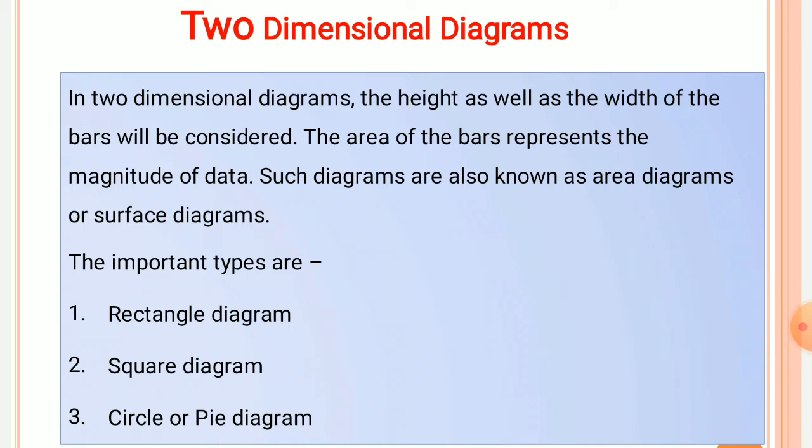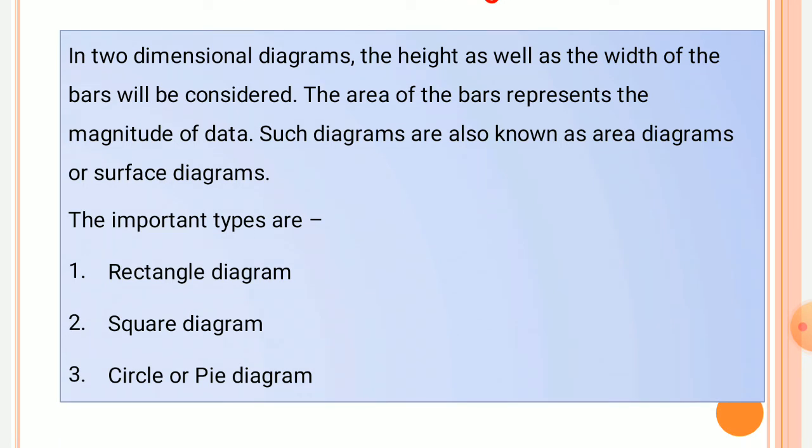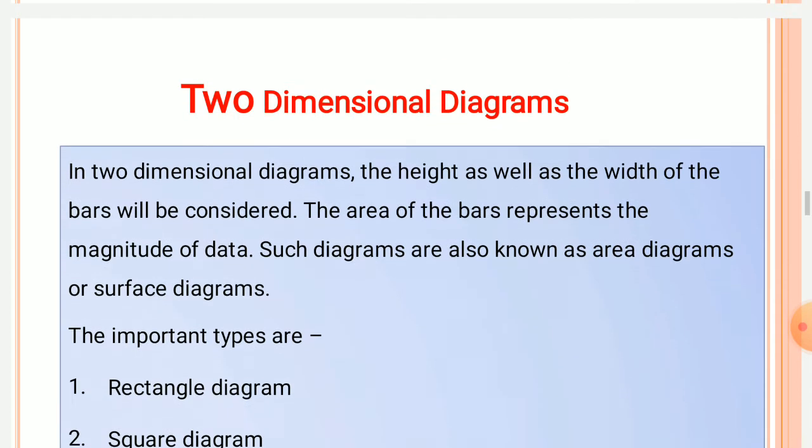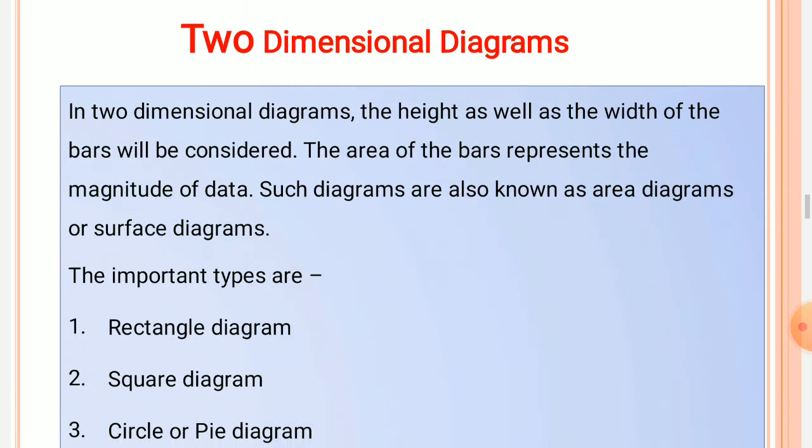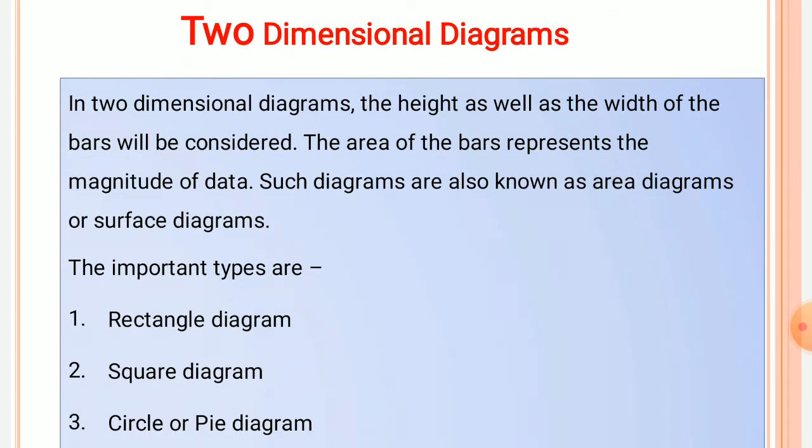Here the height as well as width of the bars will be considered. The area of the bars represents the magnitude of the data, and such diagrams are also known as area diagrams or surface diagrams. The important types are rectangle diagram, square diagram, circle or pie diagram.